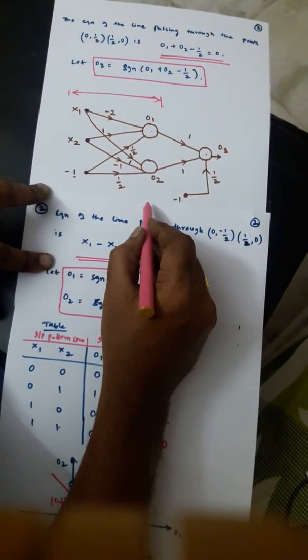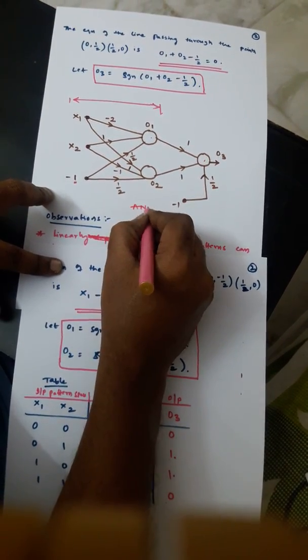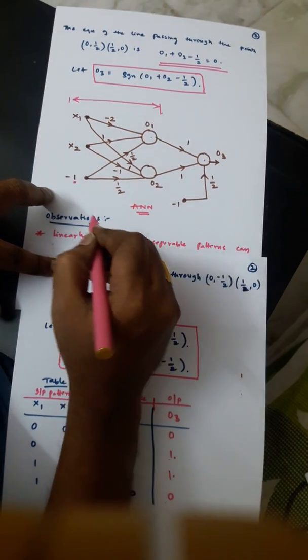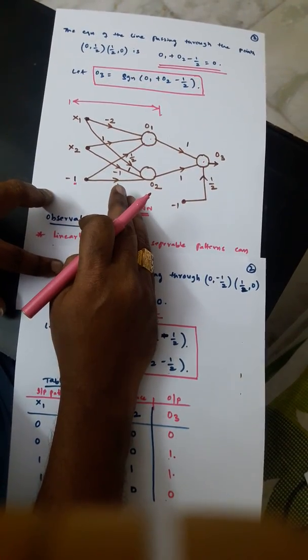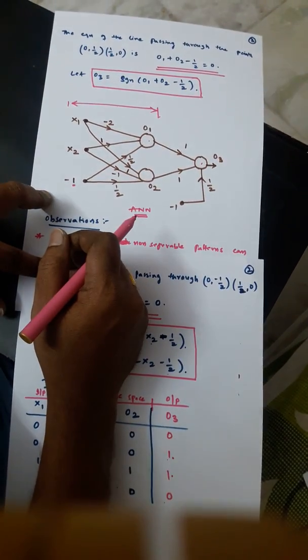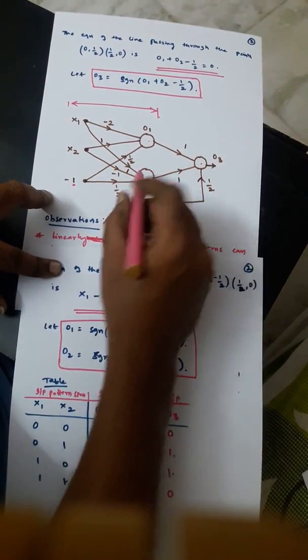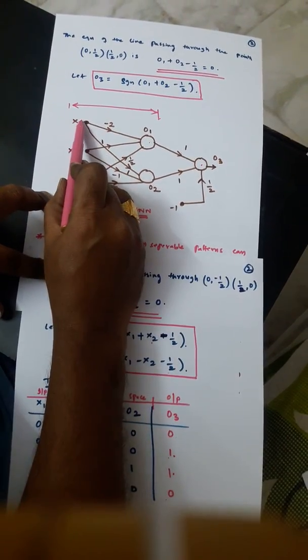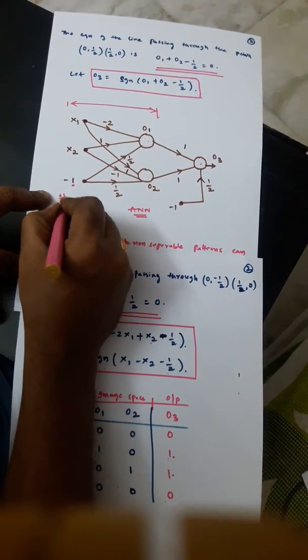Okay, so now this is the neural network, or this is the ANN regarding the XOR gate. If you can see here, you can understand that this is a multi-layer neural network. Why do you call it a multi-layer neural network? Because you have more than one layer of neurons. These are the input nodes.